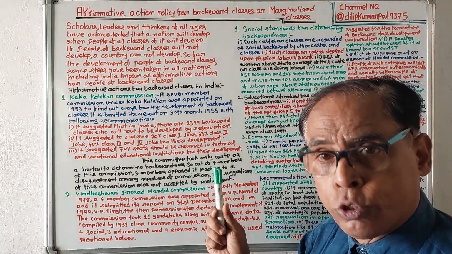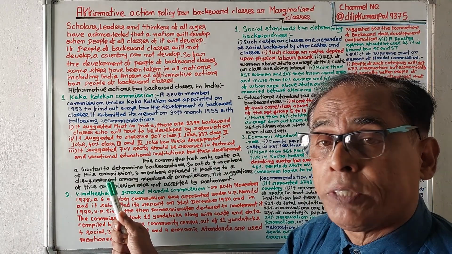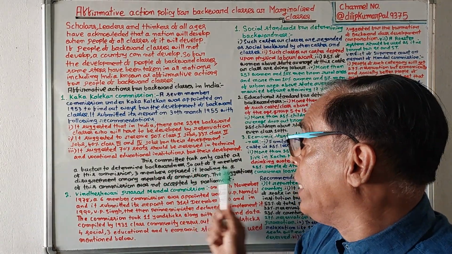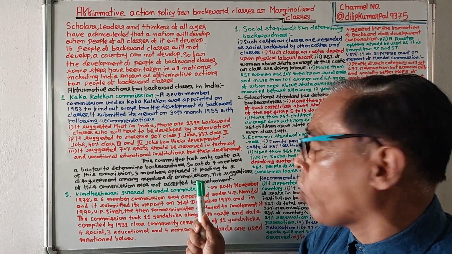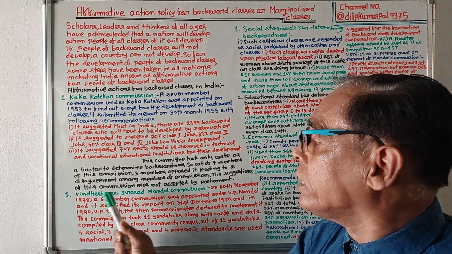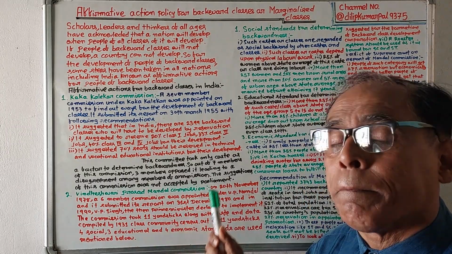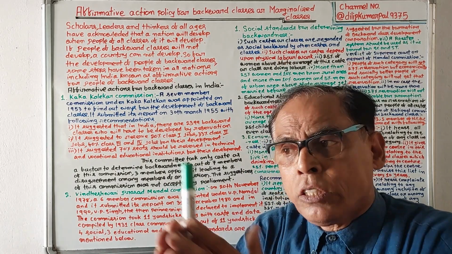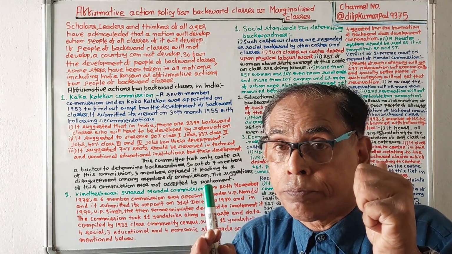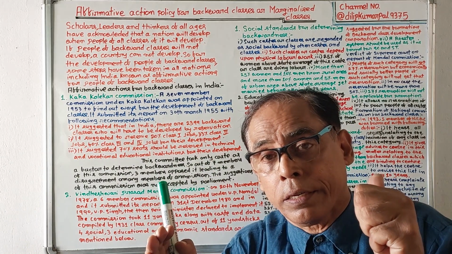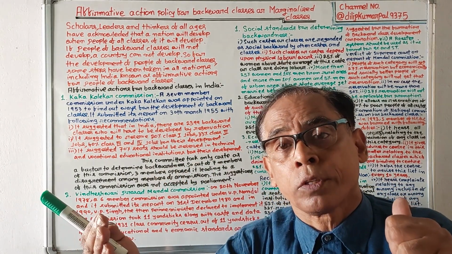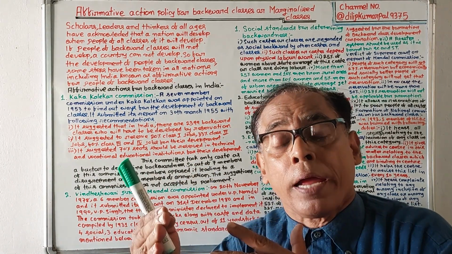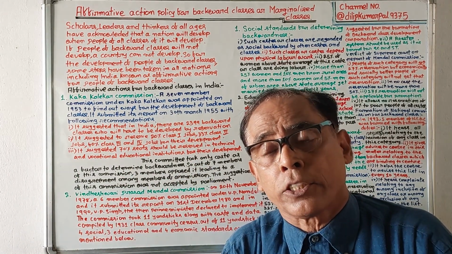Out of 7 members of this commission, 3 members did not agree with the rest to adopt caste as the only means to determine the backwardness of the people of a class.